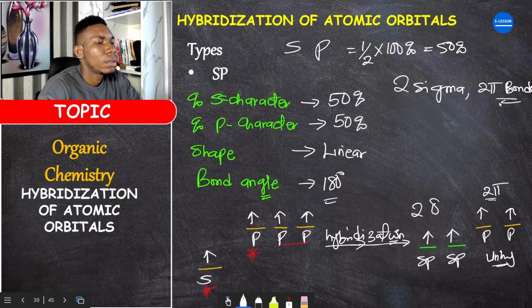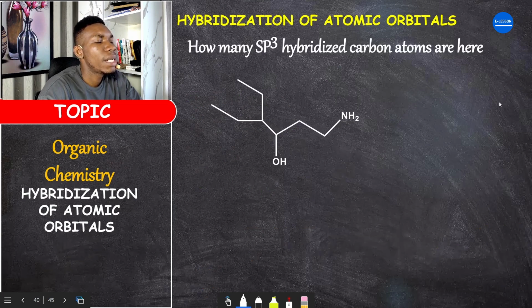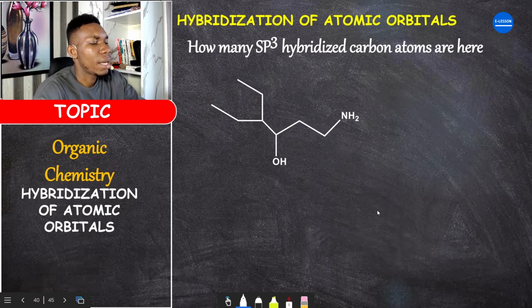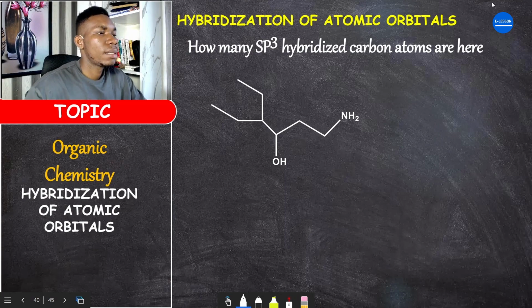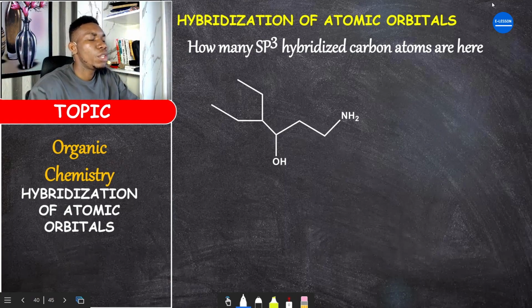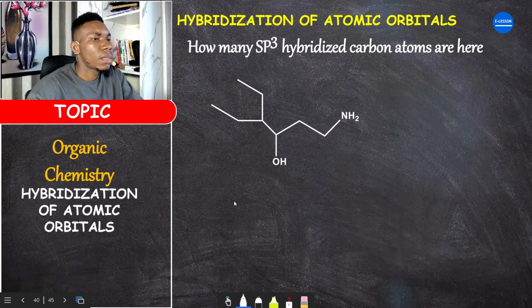Now, you have a question here that says, how many sp3 hybridized carbon atoms are here in this structure? All right. So in order for us to solve a problem like this, firstly, we need to have a problem solving strategy.